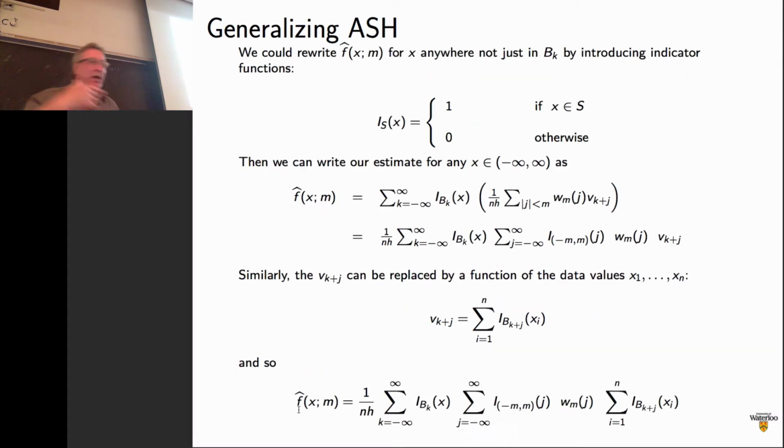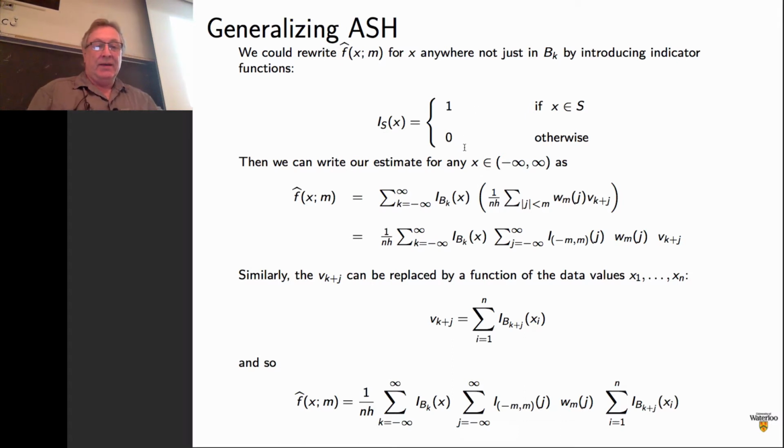So that was for a particular X that had to be in a particular bin BK. And I'd really like this to be a density estimate for anywhere on the real line. So what I'm going to do is introduce the indicator function. The notation is that if the argument X is in the set S, which is the subscript, it's 1, otherwise it's 0.